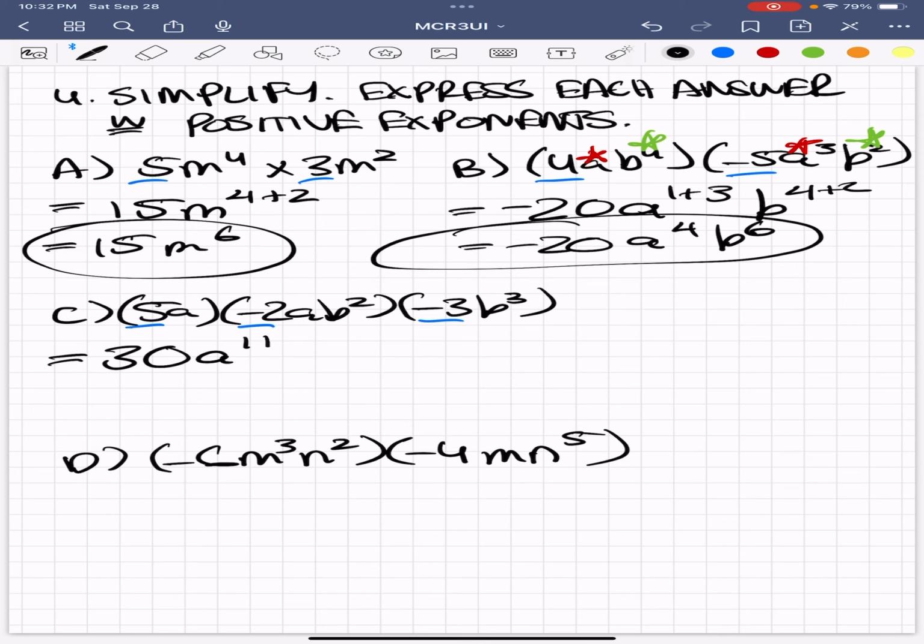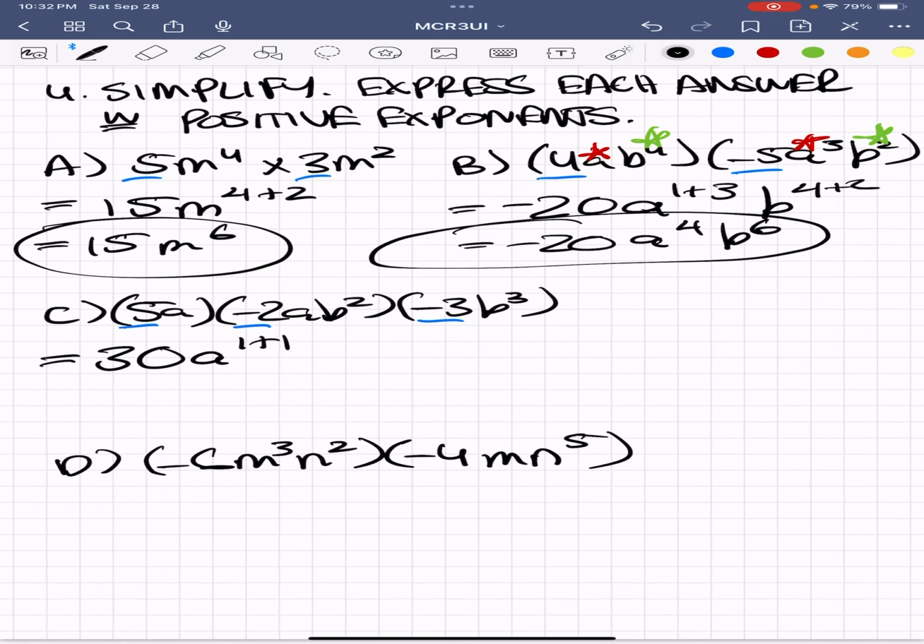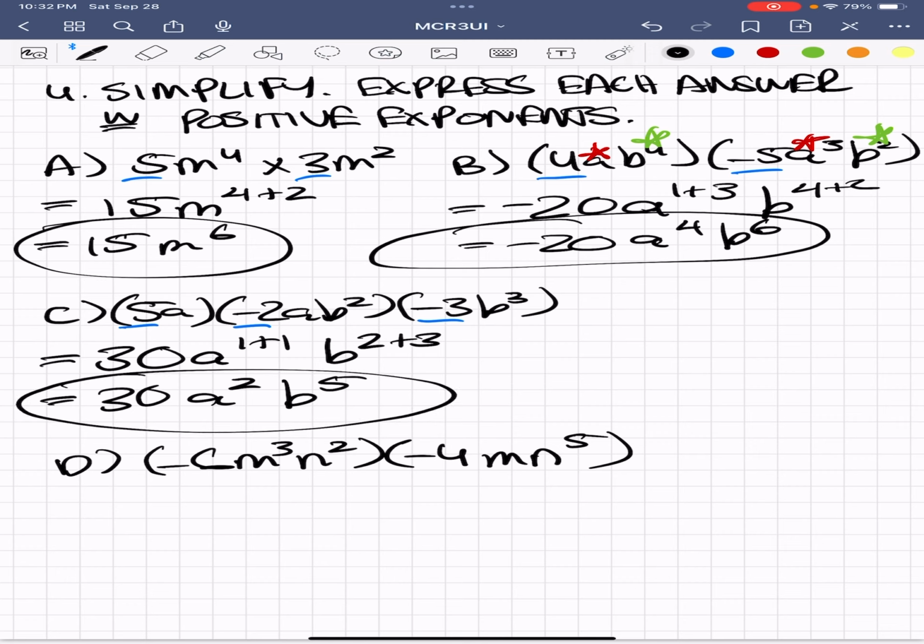So a 1 plus 1. And then we have b to the power of 2 and b to the power of 3. And again, it's multiplication. So we add these exponents together, so it results in 30, a to the power of 2, b to the power of 5. Okay, moving on.